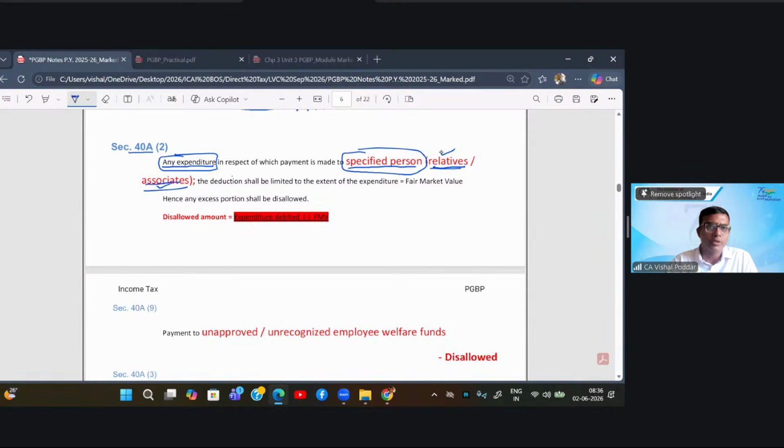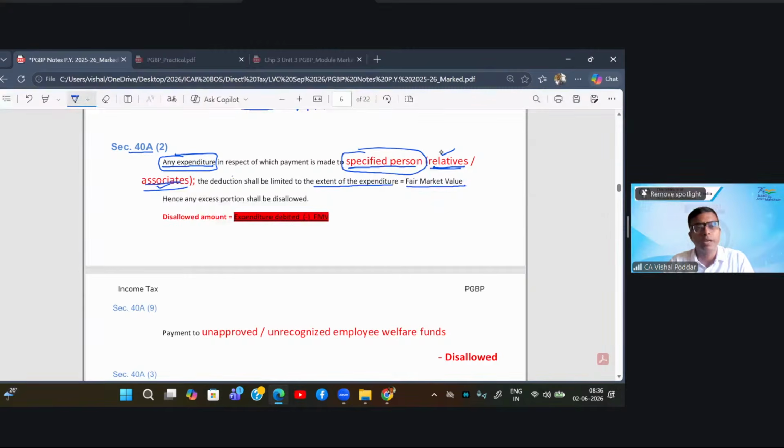The law does not say that you cannot do business with these persons. You can do business, you can incur expenses and you can make payment to them. But the only condition the law has put is that you ensure that the amount of the expenditure is not going above the fair market value.